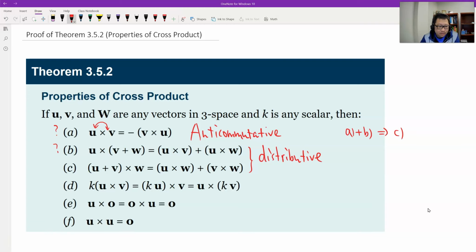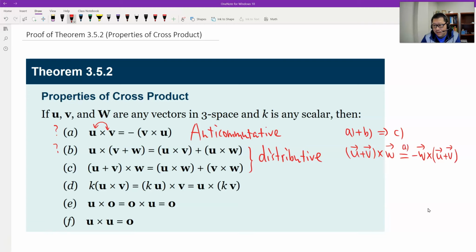You will see why, because I can do a simple calculation: (U plus V) cross W, by the first, A, equals the inverse. You switch the order, which is negative W cross (U plus V).